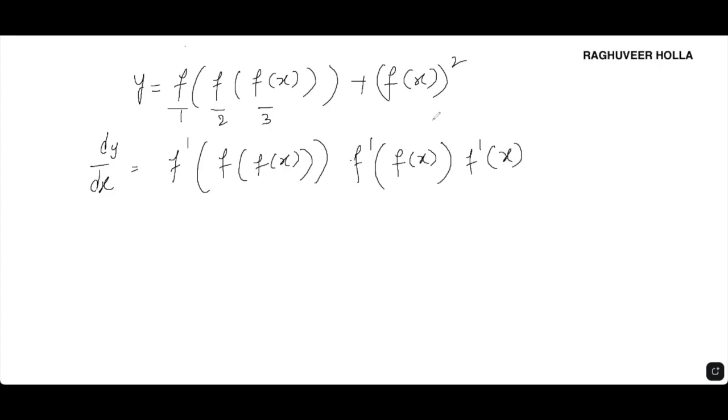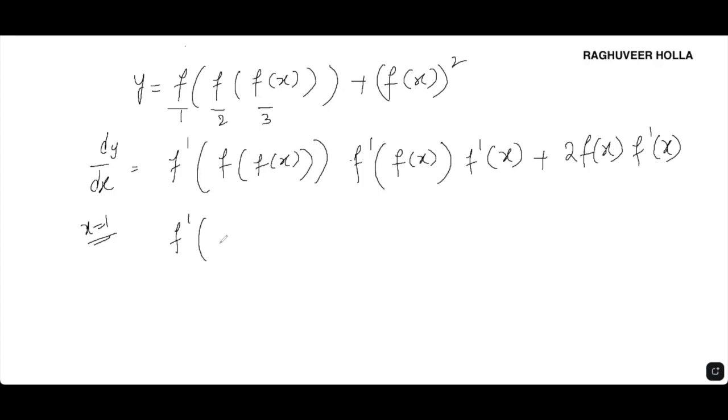And then this term, that is 2 into f of x, function of this, and f dash of this, right? So this is the first thing we are supposed to do. Now we have been given in the question itself when x is equal to 1, so let us substitute it.